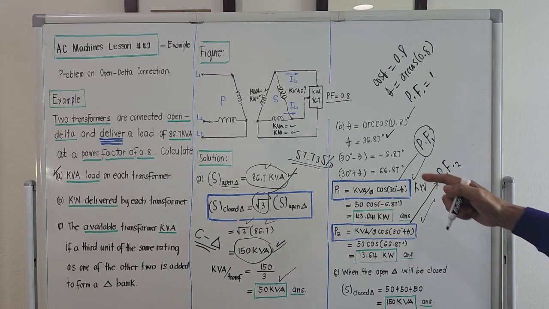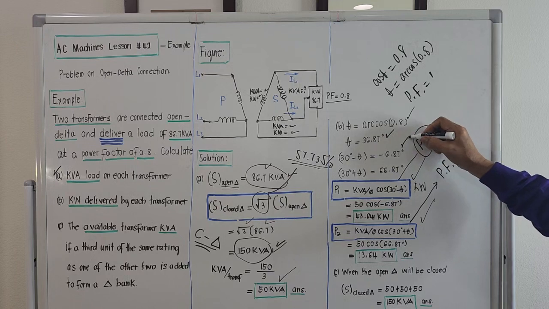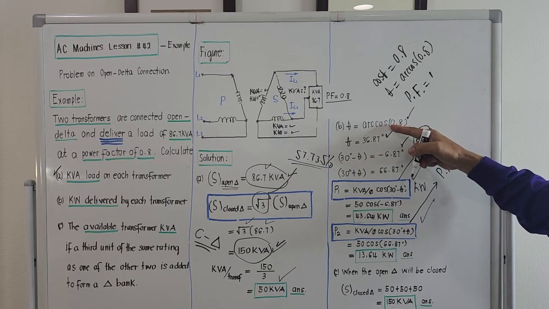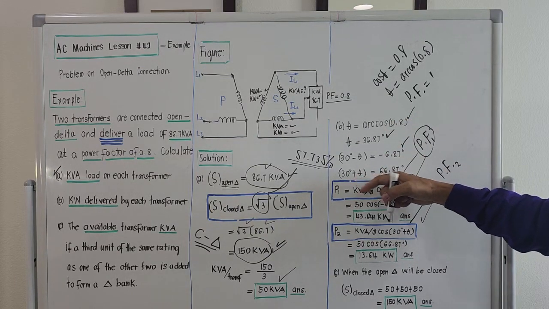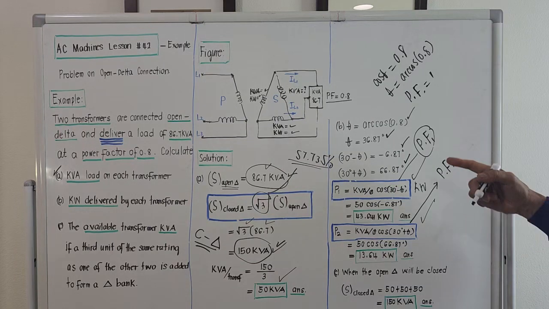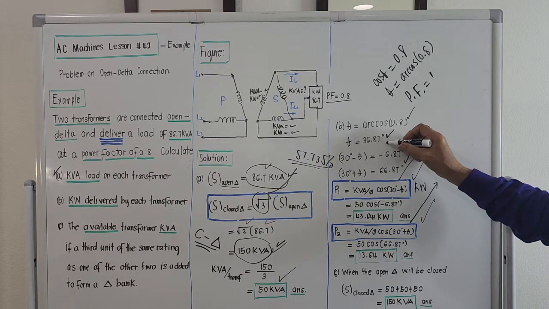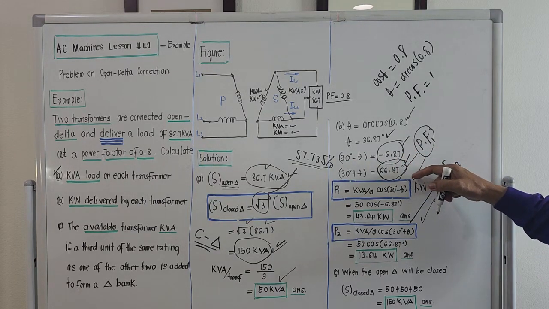So computing separately, 30 degrees minus theta should be negative 6.87. The second one is 30 plus theta. It will be bigger, this is plus. This is 66.87 degrees. So the first winding is operating at this power factor angle, and the second winding is operating at this power factor angle.